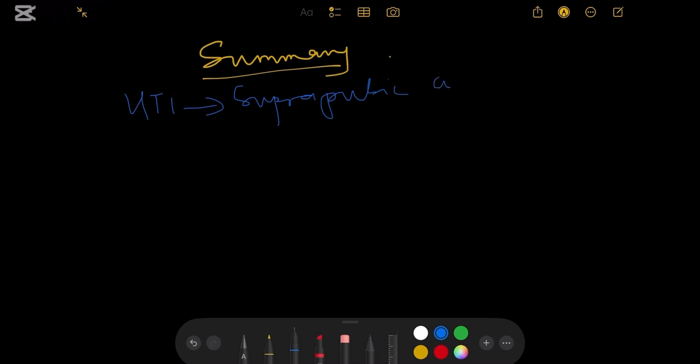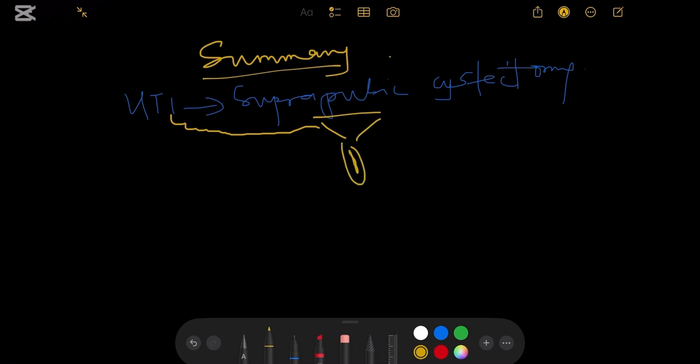So if you do a suprapubic cystectomy, you would divert the urine. I'm going to indicate urine with yellow. You're going to divert the urine over the pubic symphysis. So let's say now there's a UTI in this place, right?